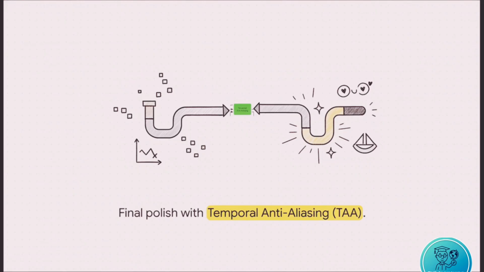Finally, the pipeline wraps up with a familiar friend, a temporal anti-aliasing or TAA pass for a final polish. Interestingly, researchers noted that while adding TAA at the very end sometimes slightly lowers the objective computer-graded metric scores of the image, it overwhelmingly produces the most visually pleasing, stable result for the human eye.